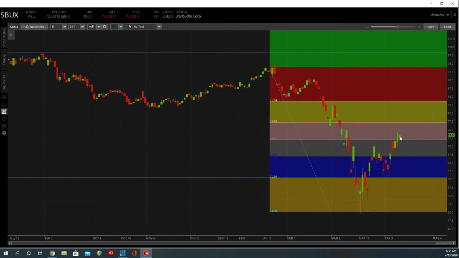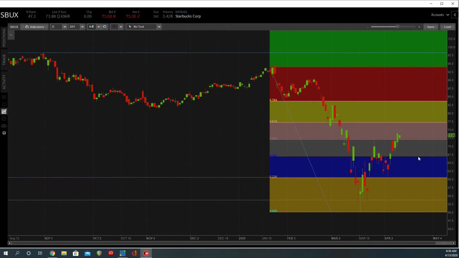Yeah, it's redone it. So that's a critical time. So if it doesn't hold up here, you'll look for it to go 50% from this low to this high, which is probably somewhere right around that 38.2 Fibonacci line.